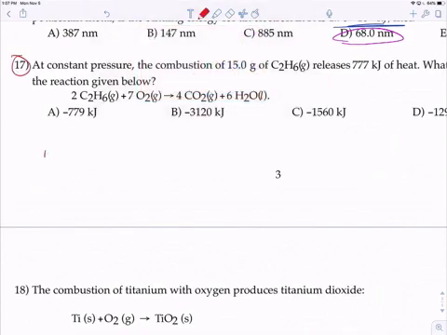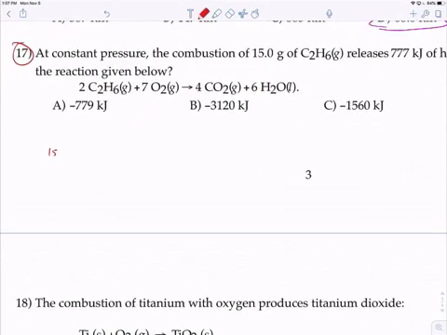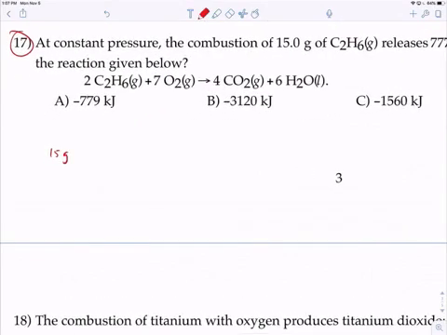So, 15 grams ethane, mole C2H6. Okay, 12 times 2 plus 6, 24, that's 30 grams C2H6, that's just the molecular weight.